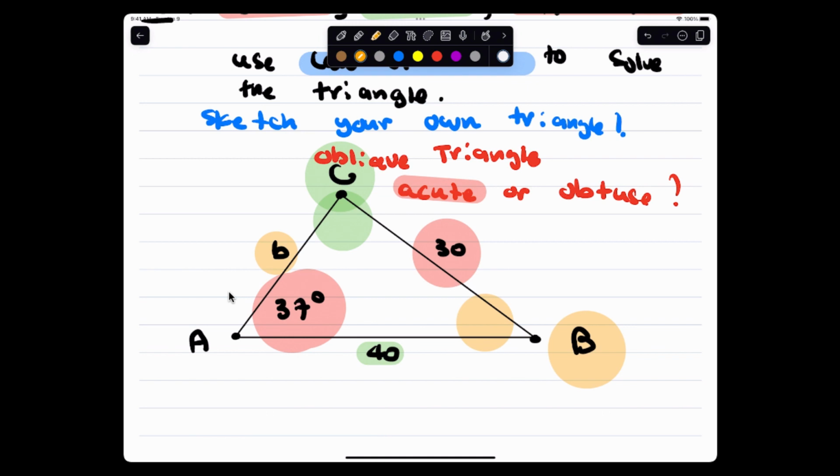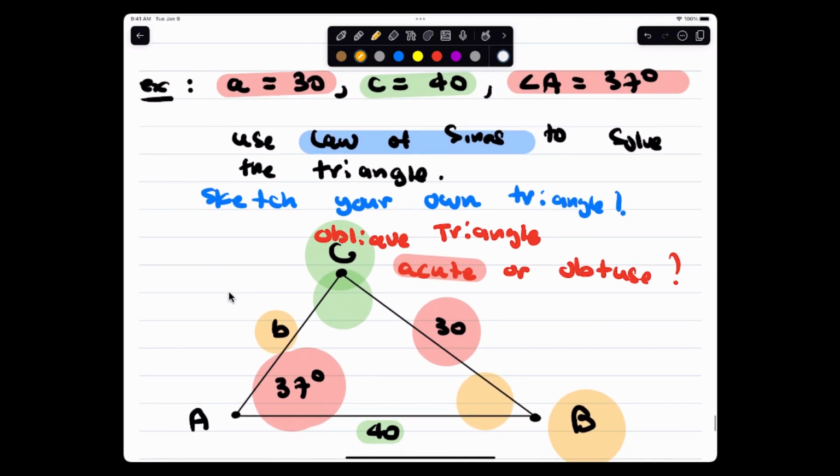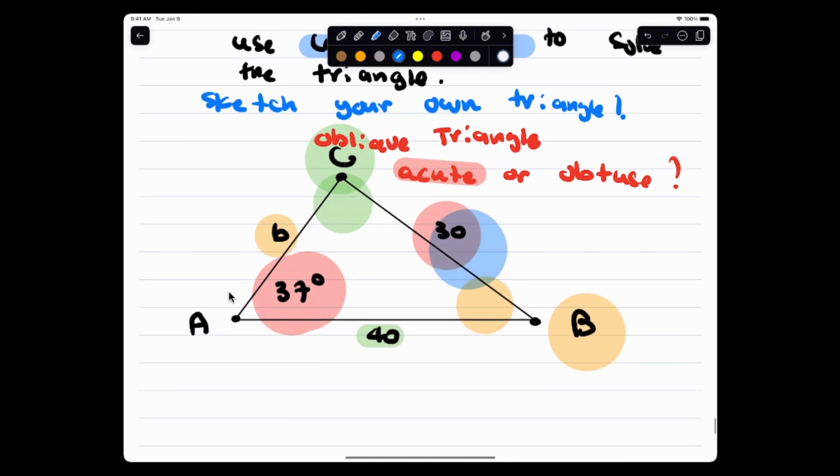So what kind of situation did they give us? Remember, what case is this? Is it side, angle, side? Do you guys know what I mean? What did they just give us? Let's see if we can read what they gave us. They gave us two adjacent sides, side, and then they give us an angle.